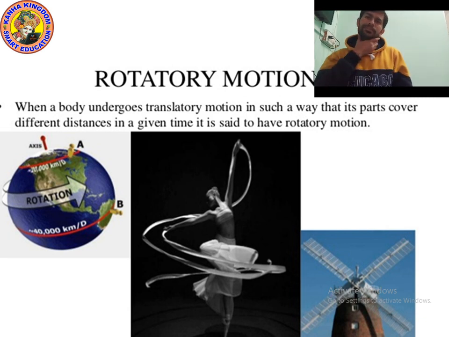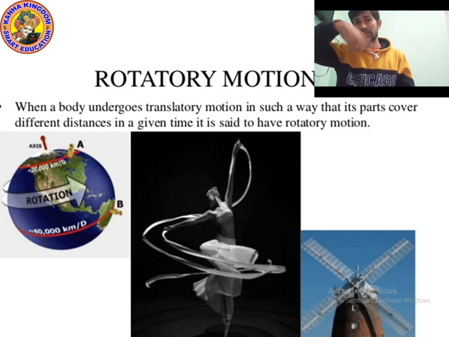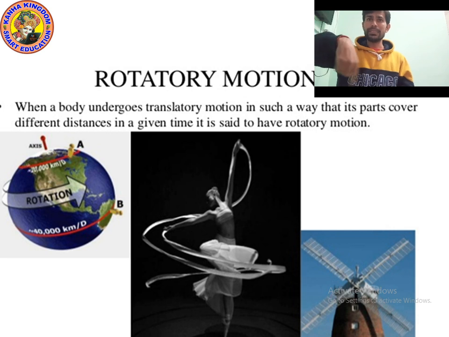For example, you can see the picture of a woman dancing on one leg. She's taking a round, doing rotation at one place. Different parts are traveling different distances, all the parts are doing rotation.